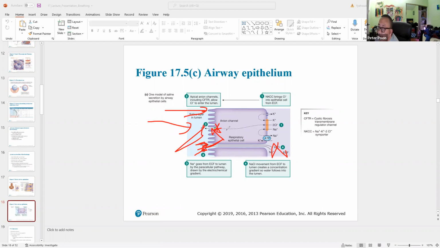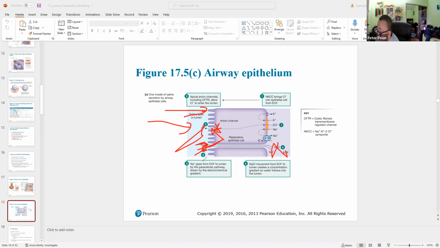There's actually some amount of salt in here, but no water. The water is following the sodium and the chloride. So when this whole thing shuts down, you end up with really thick mucus. Instead of the epithelium being nice and wet and moist, it ends up being sticky and mucousy.